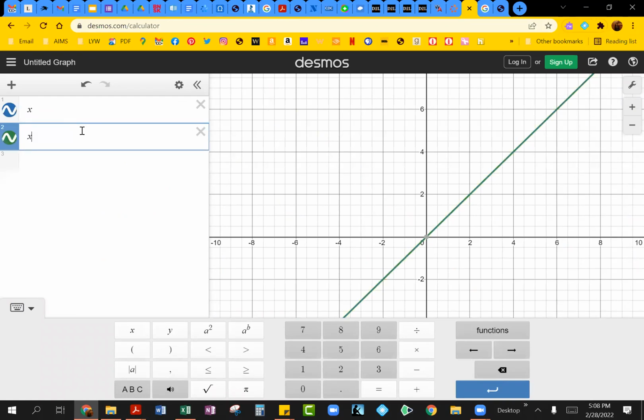So if I did an x squared function, can I restrict this to x greater than 0?